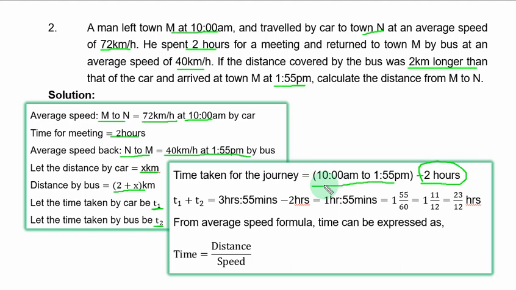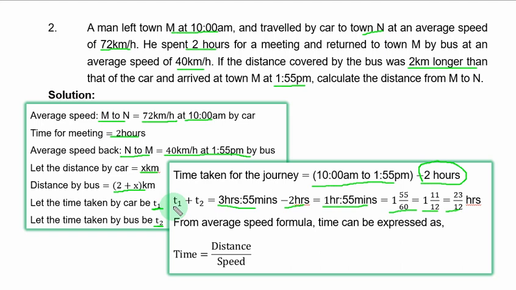Now from 10 to 1:55 p.m. is about 3 hours 55 minutes, minus 2 hours, and that is 1 hour 55 minutes. If you convert minutes to hours, you divide by 60. If you reduce and convert to an improper fraction, you have 23 over 12 hours as the total time for the whole journey.